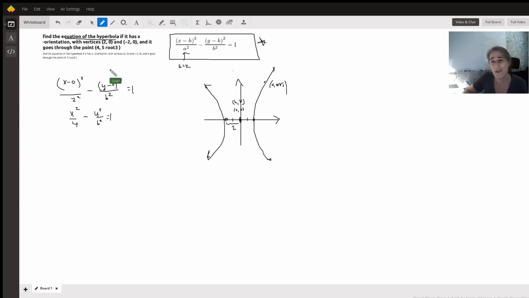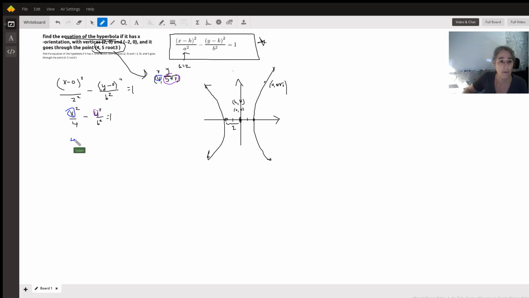We're not done yet, though, because we have to find b. But we're very happy because they gave us an x and a y that would work in our final equation. So we're going to put this x, y in temporarily and solve for b, and then we'll go back and rewrite this equation with the b value that we find. So for x, I'm going to put in the 4, and for y, I'm going to put in the 5√3.